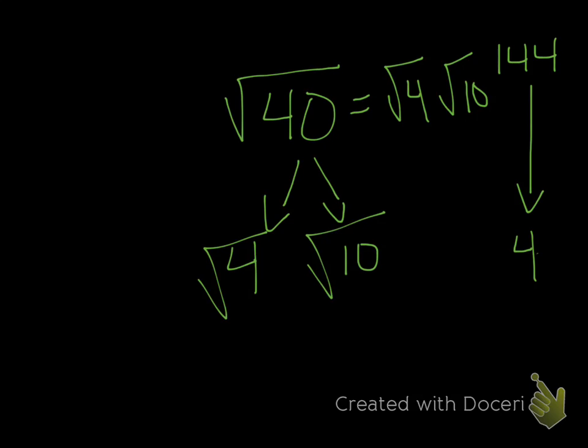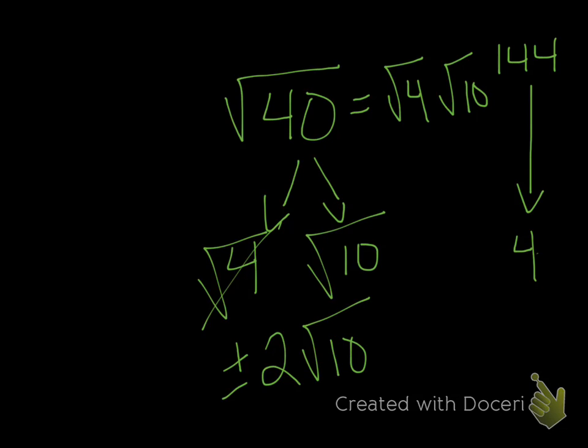And what is the square root of 4? It's 2. You're saying, I believe it's plus minus 2. Yes, it is. It's plus minus 2.